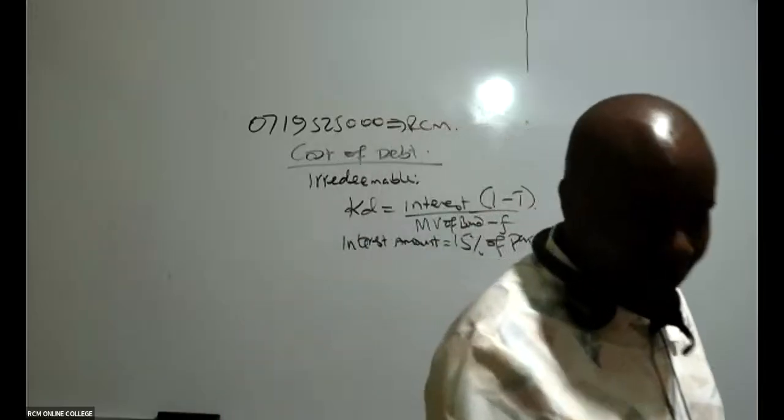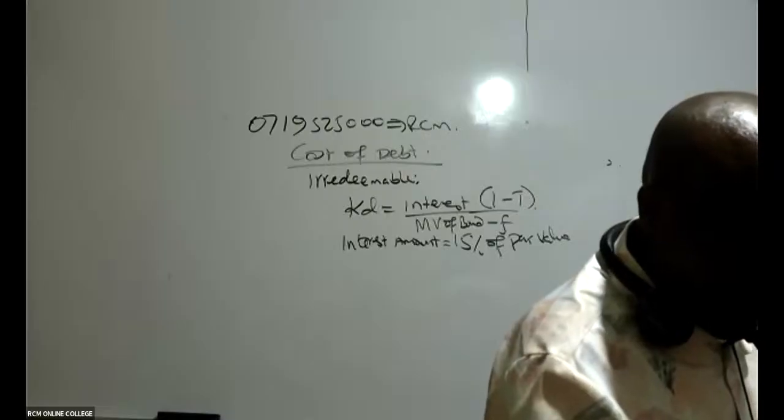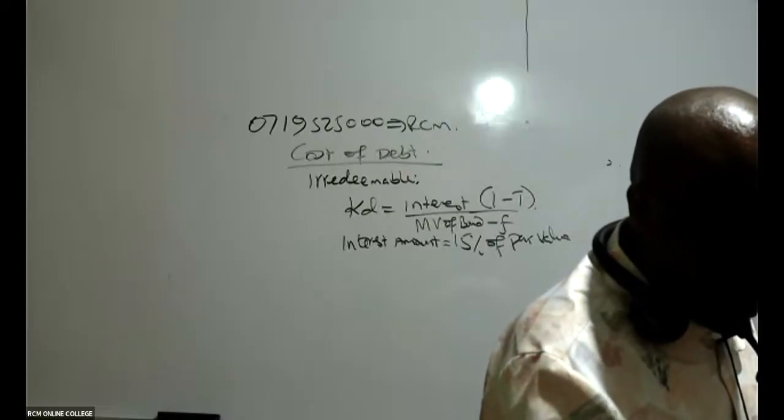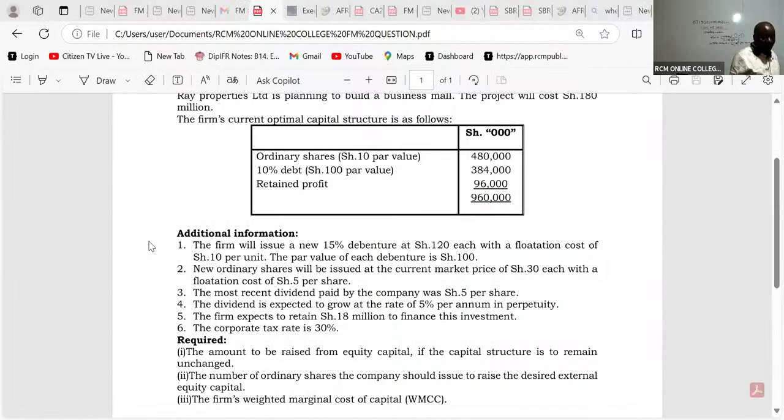So do we have the par value in this question? We are told that the firm will issue a new 15% debenture at shillings 120. You can see they are issuing new at shillings 120. That must be the value of the bond.